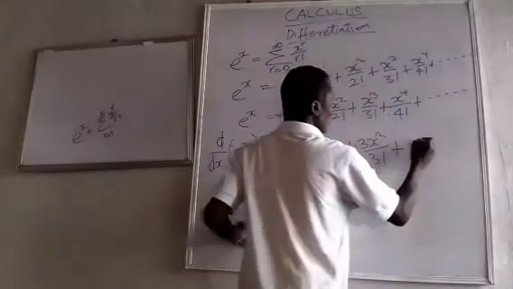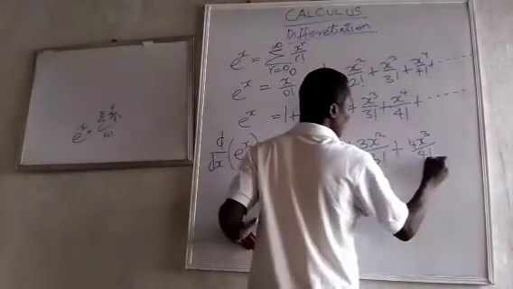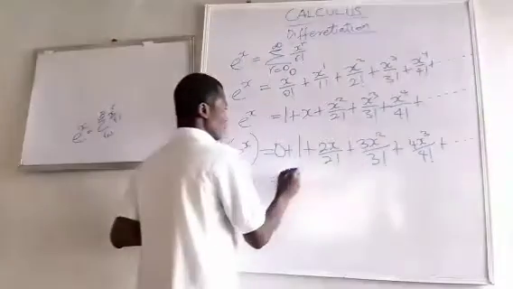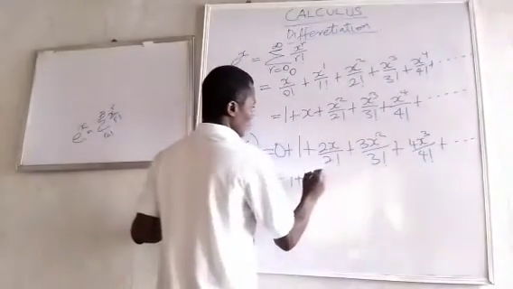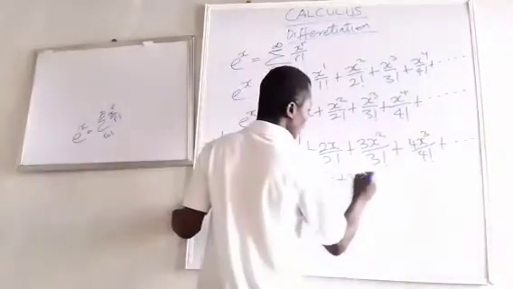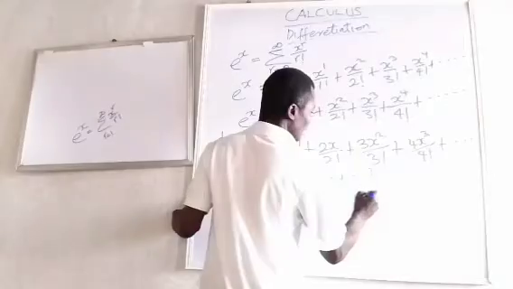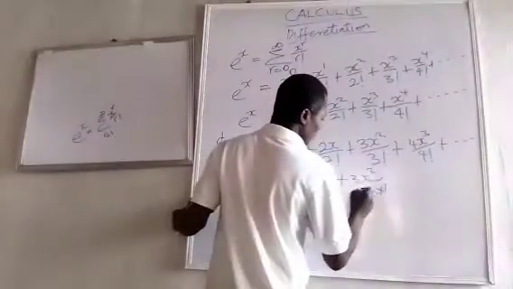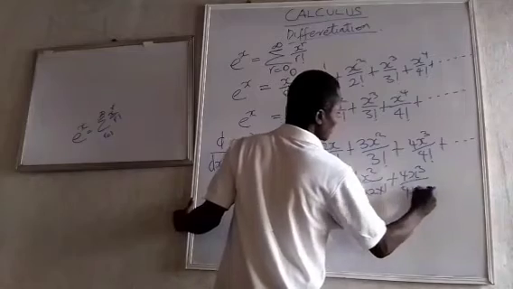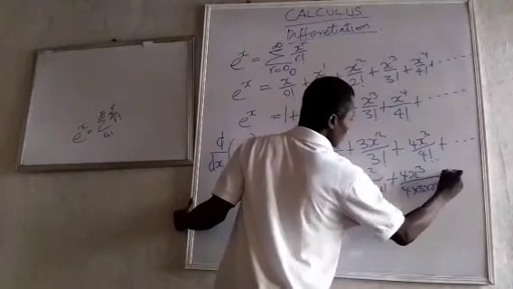The next one, 4x cubed over 4 factorial, plus like that. At the end of the day, it's going to give me 1 plus 2x over 2 times 1 plus 3x squared over 3 times 2 times 1 plus 4x cubed over 4 times 3 times 2 times 1.